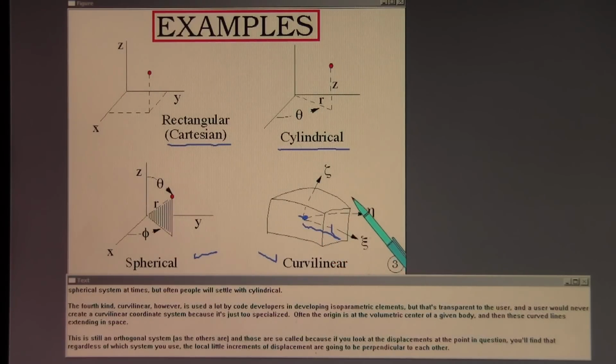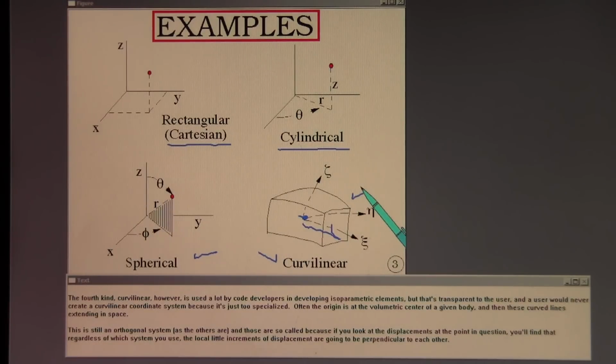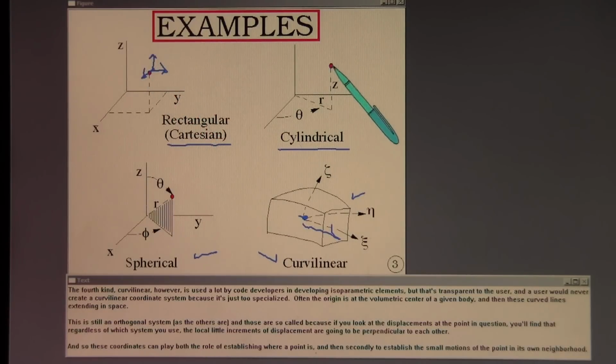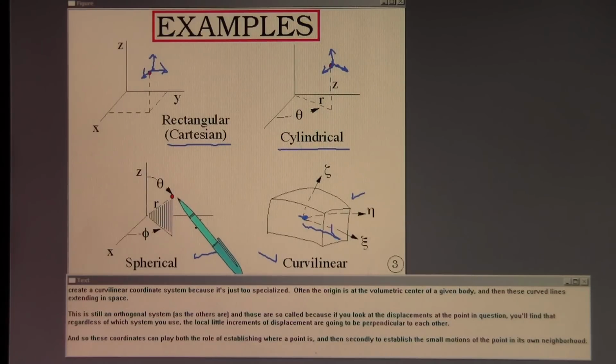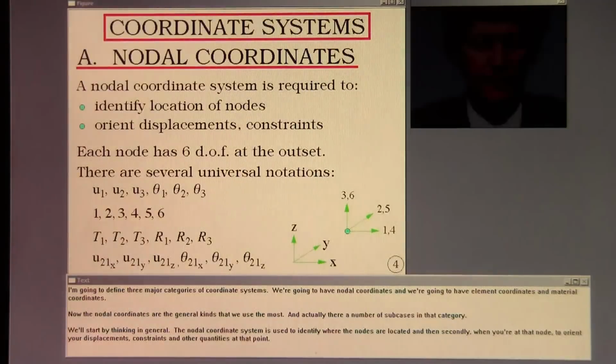This is still an orthogonal system, as the others are, and those are so called because if you look at the displacements at the point in question, you'll find that regardless of which system you use, the local little increments of displacement are going to be perpendicular to each other. And so these coordinates can play both the role of establishing where a point is, and then secondly, to establish the small motions of that point in its own neighborhood.